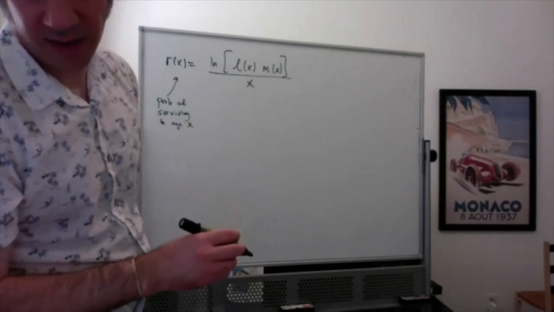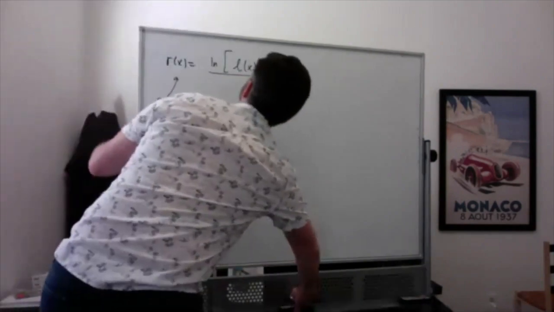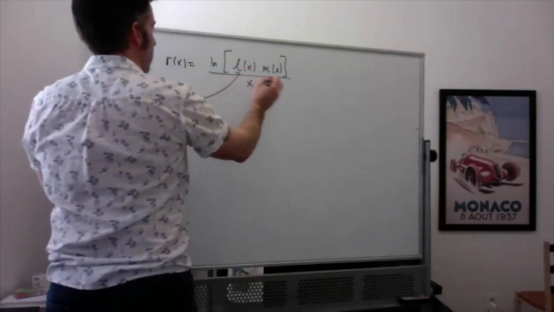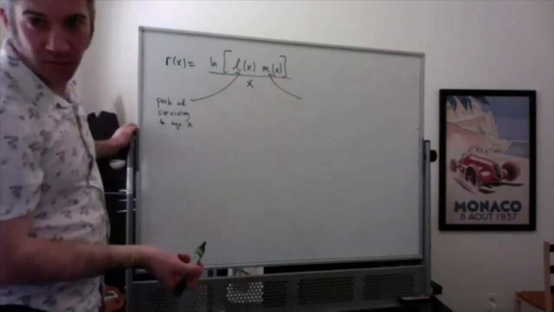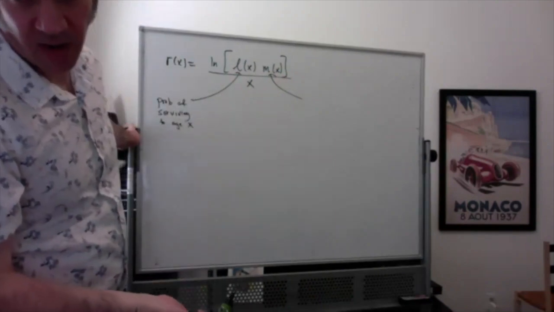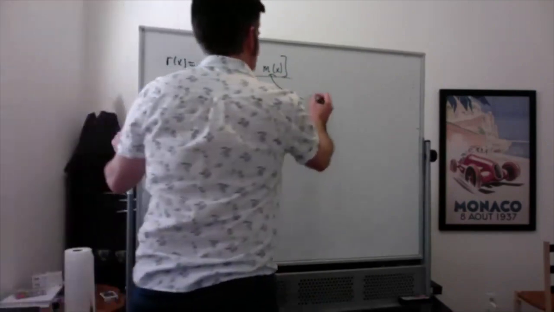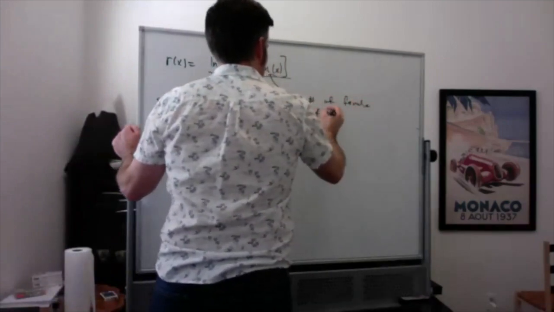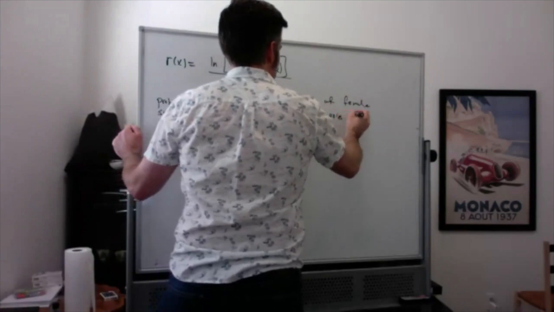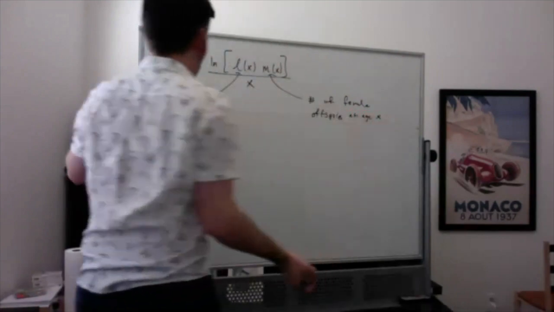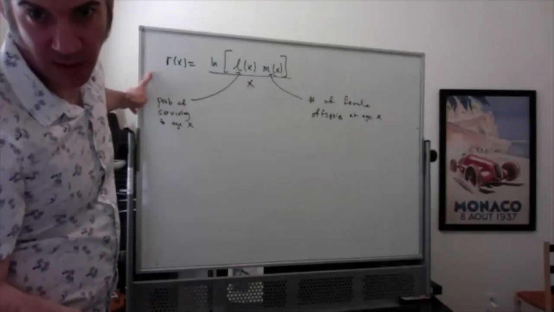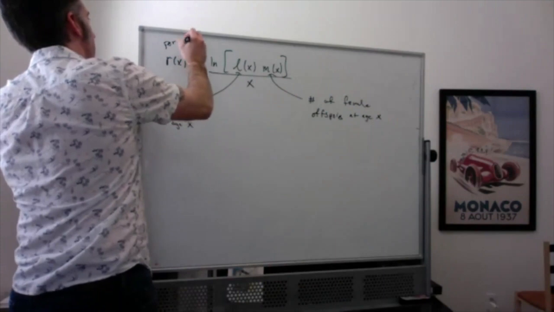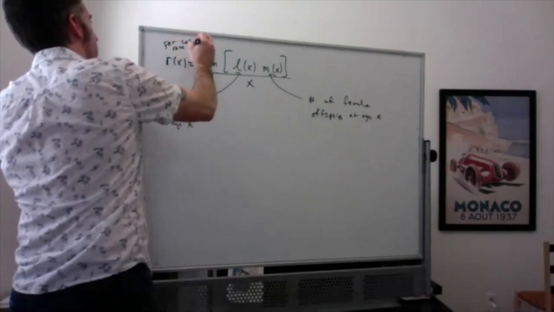Oh, sorry, L of x is the probability of surviving to age x, and M of x is the number of female offspring at age x. And then R of x is the rate that we were talking about, right? The per capita rate of increase.